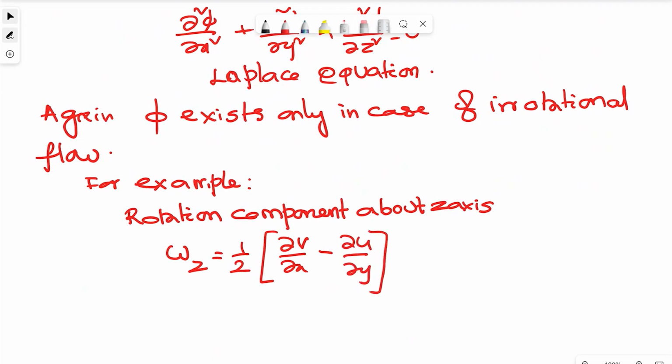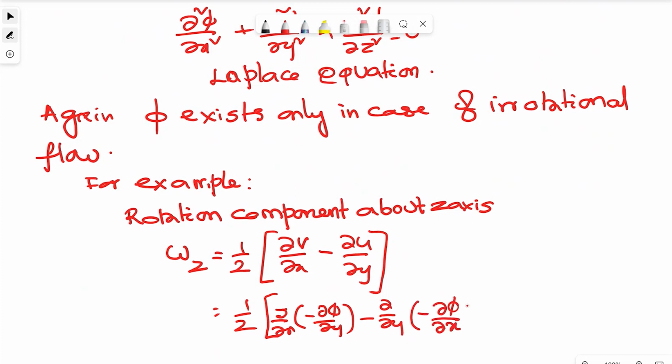If you substitute v is equal to minus dou phi by dou y, similarly u is equal to minus dou phi by dou x, then you see half into dou square phi by dou x dou y, this is minus minus plus dou square phi by dou x dou y. So it is 0. That means rotation is equal to 0.